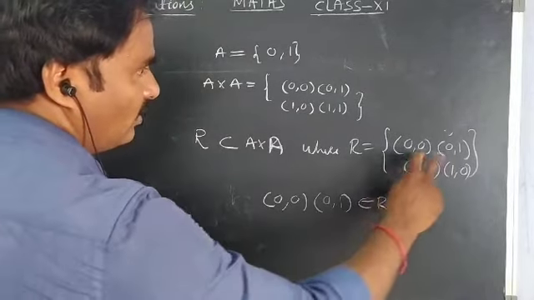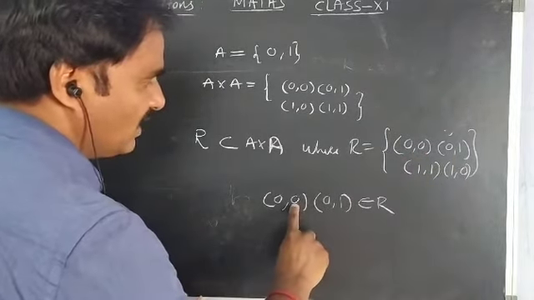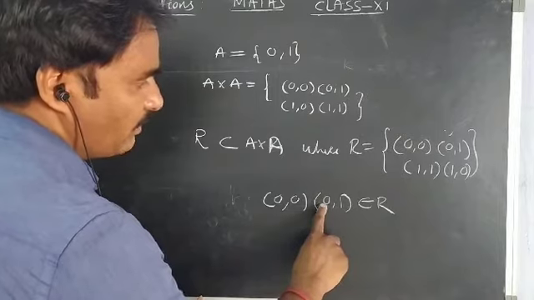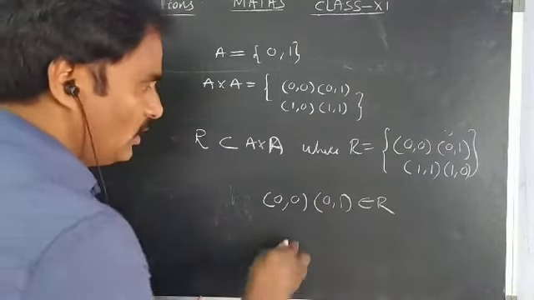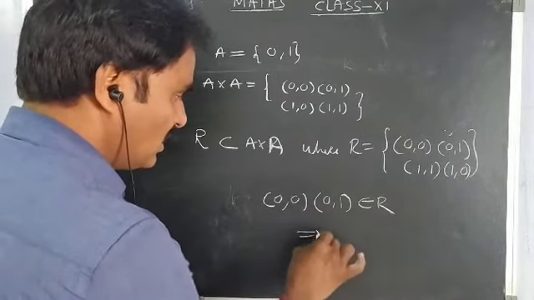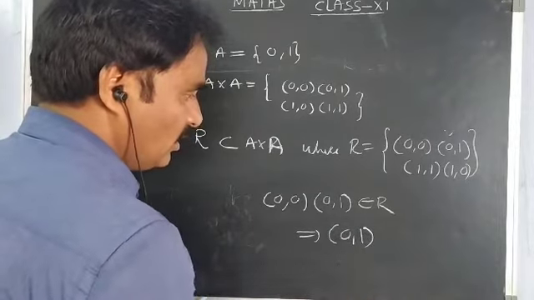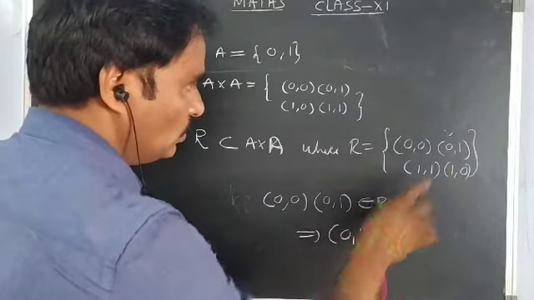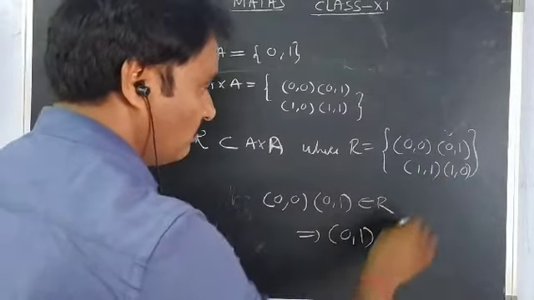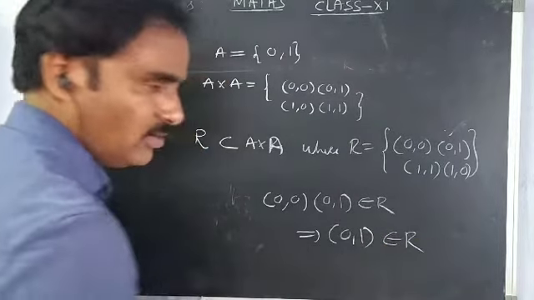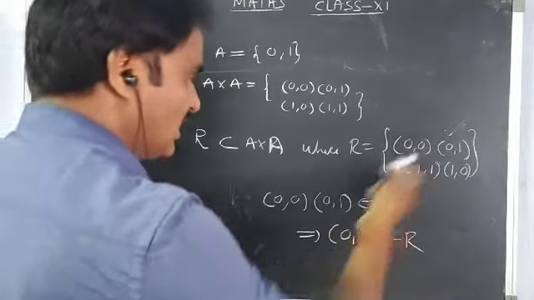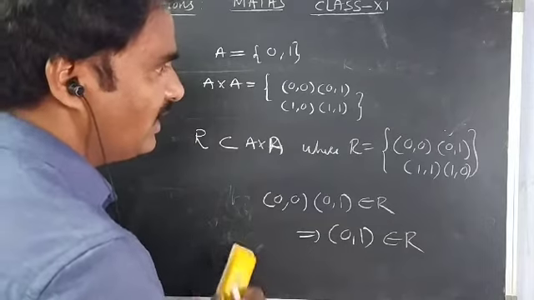Okay. Now I have two ordered pairs such that the first pair's second element and the second pair's first element are equal. Now I am removing this 0, 0. I will construct the new ordered pair 0, 1. Now check whether this ordered pair belongs to R. Yes, 0, 1 belongs to R. Okay, these two satisfy the condition. Any other two ordered pairs?